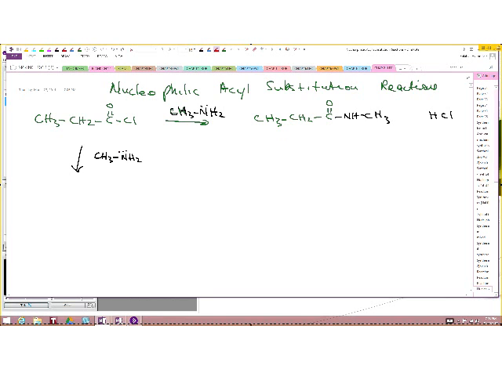The first thing that happens is the lone pair of electrons on nitrogen acts as a nucleophile and attacks this carbonyl. This pi electron goes here. And then we have this.